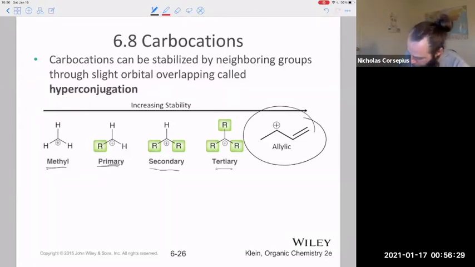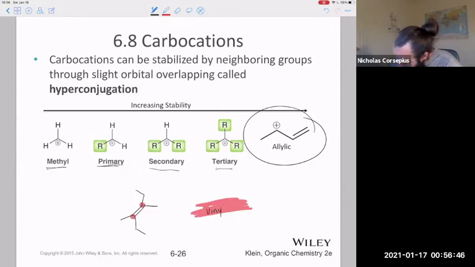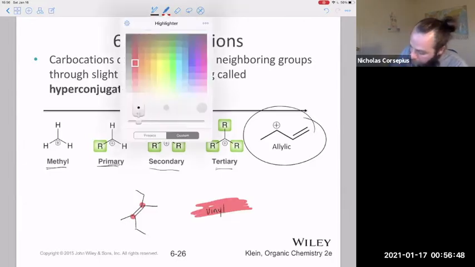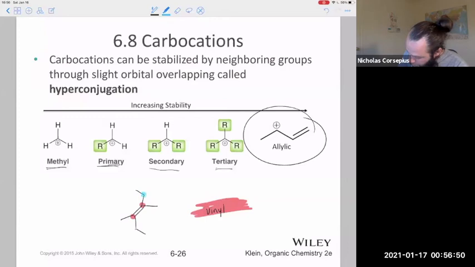Let's actually do some terminology real quick. These positions on either side of the double bond are called vinyl carbons. The allylic position is 1 removed.